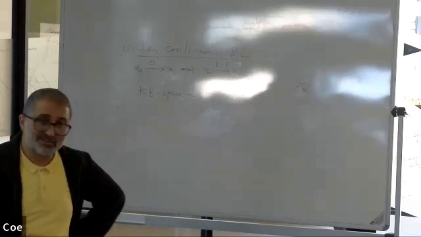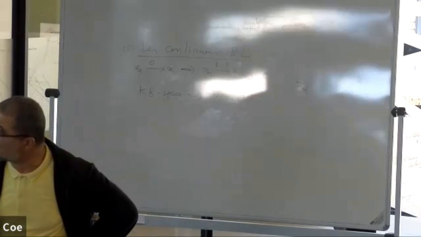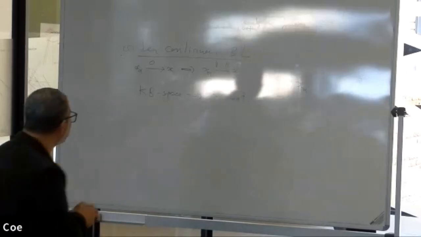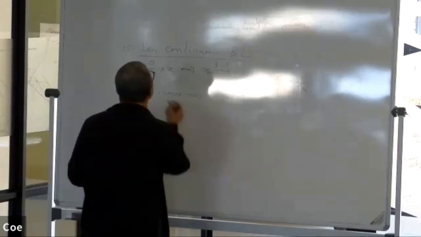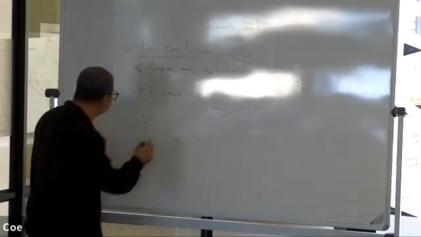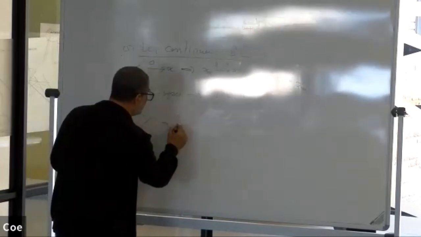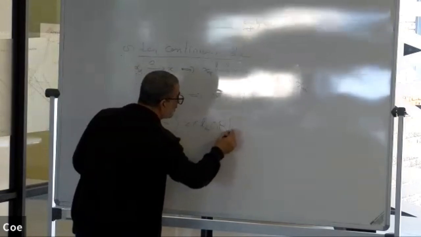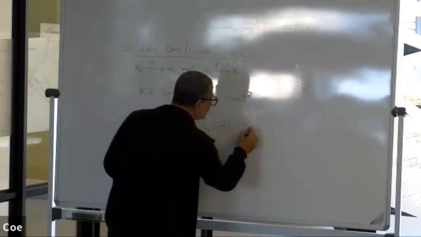And we can find an example where this fails. Take X to be all elements in L infinity of R with a countable support.